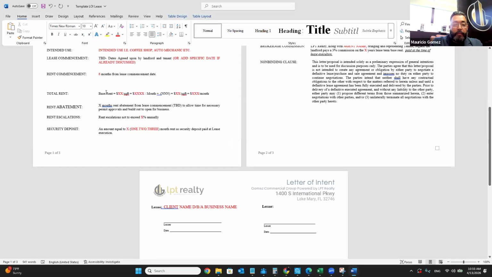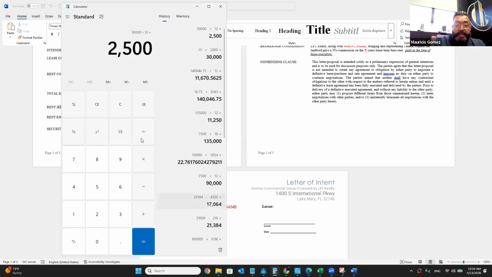So for the total rent, I'm going to put $15 a square foot, which equals $2,500 a month. Okay. And let's say you have already talked to the listing agent, which you should have, right? They tell you the triple net or the operating expenses, which are interchangeable terms.